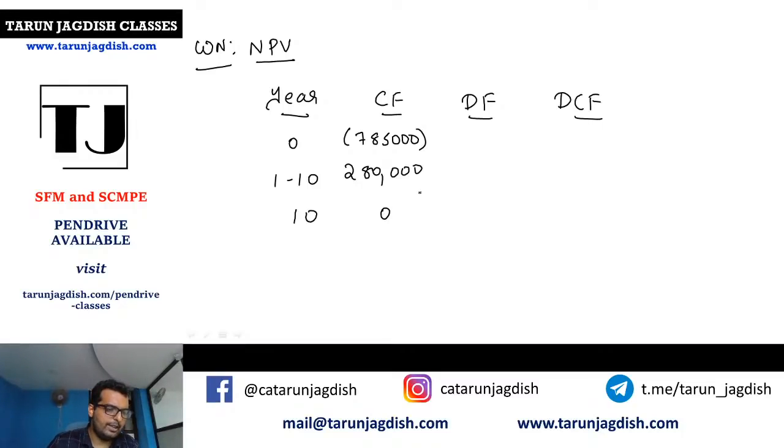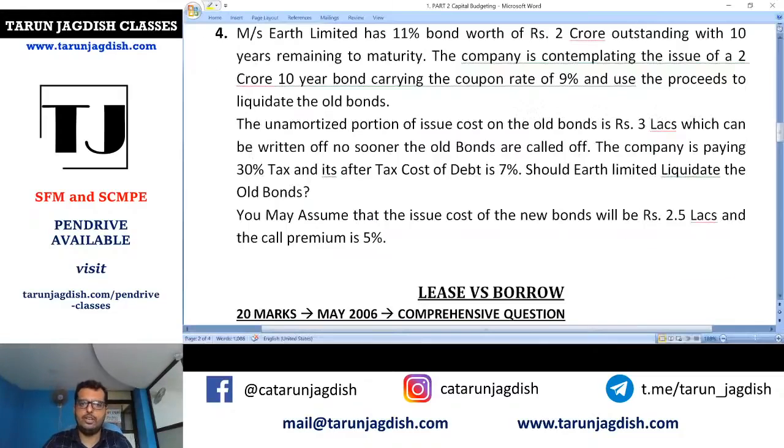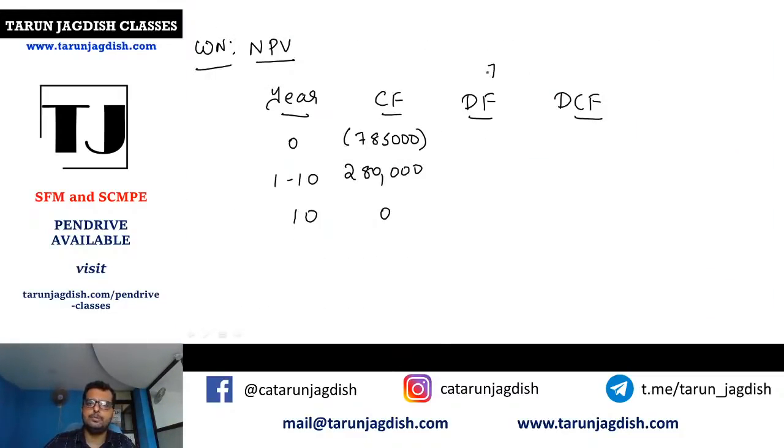My discount factor will turn out to be, how much percentage have they told in the question? Just check, 7%. Okay. So let's do it together. Here it will be 7,85,000. 1 divided by 1.07.